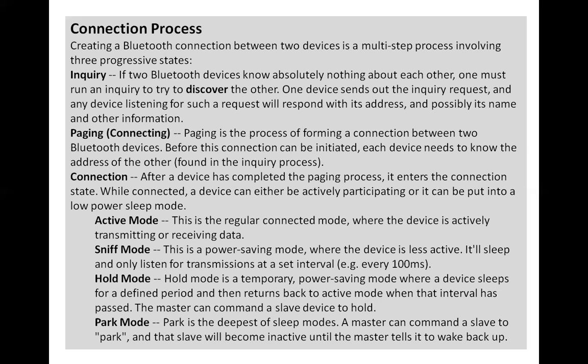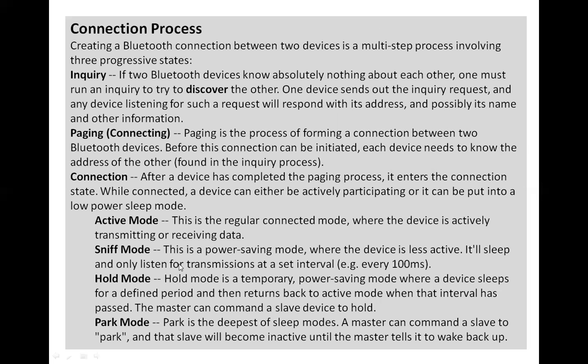And last is park mode. Park is the deepest of the sleep modes. A master can command a slave to park, and that slave will become inactive until the master tells it to wake back up.